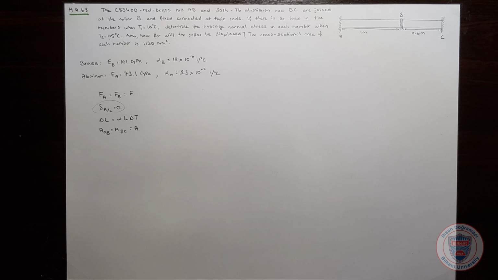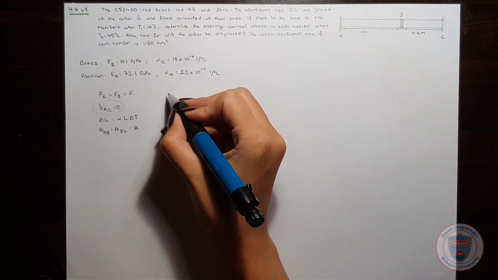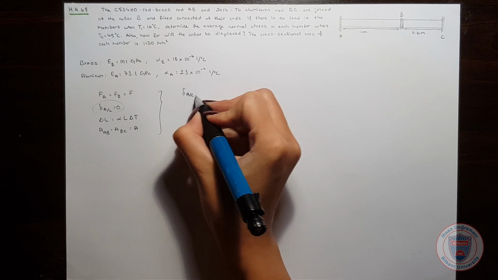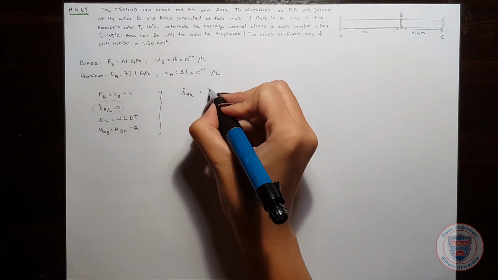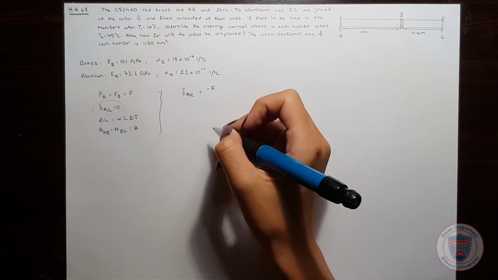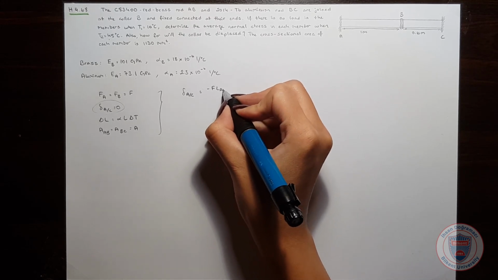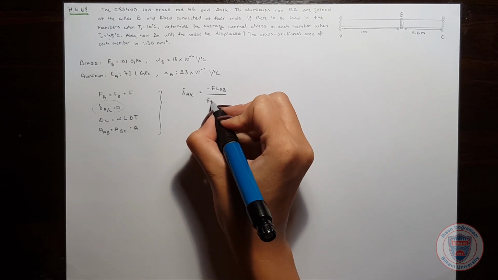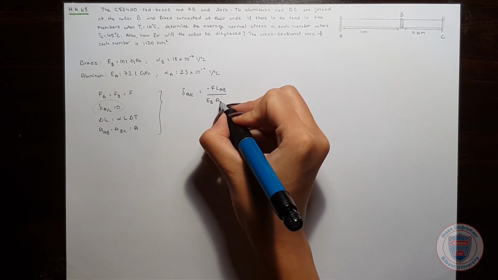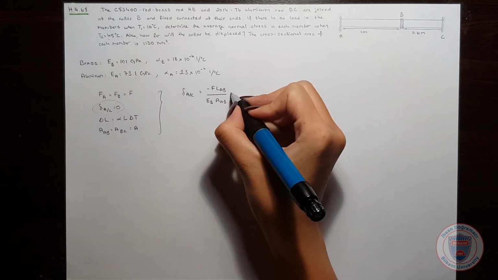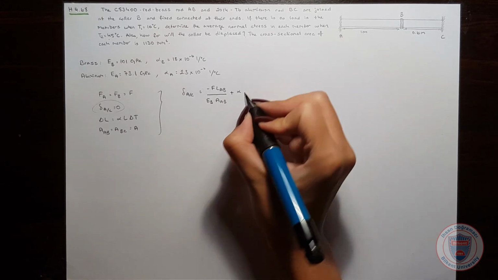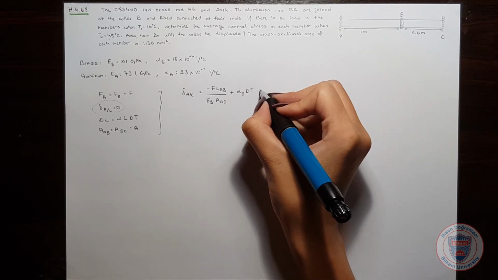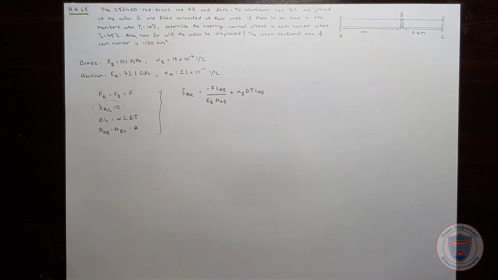Let's write its equation. We know that the displacement from A to C is equal to the force times length of AB over E_B times the area, plus alpha_B delta T and again the length of the rod AB.